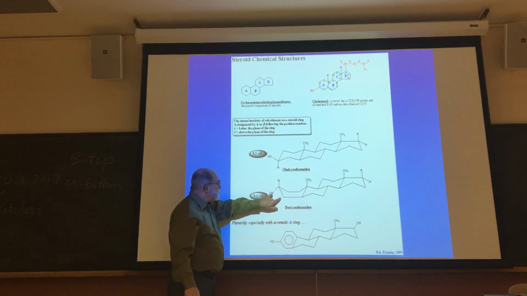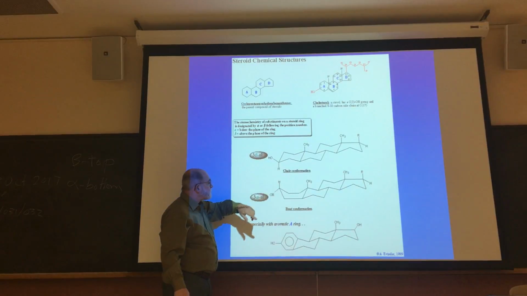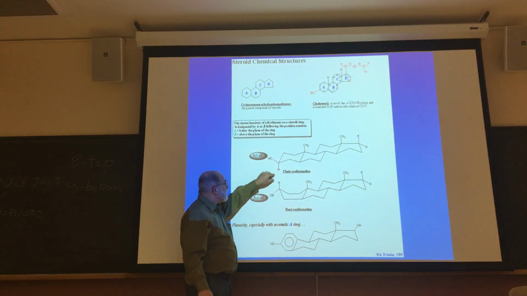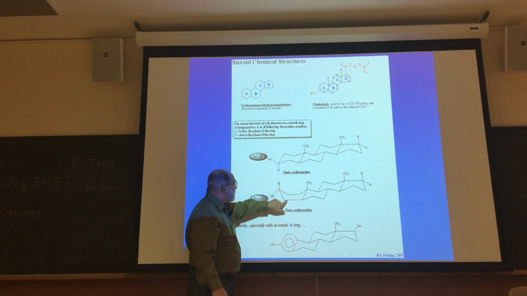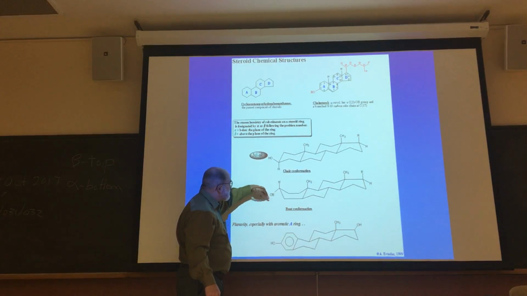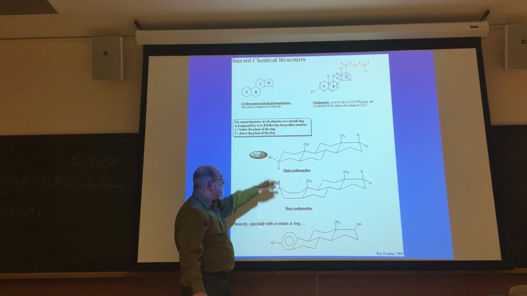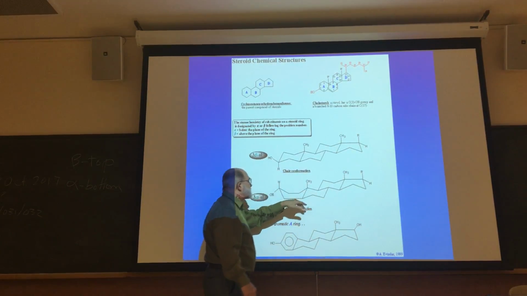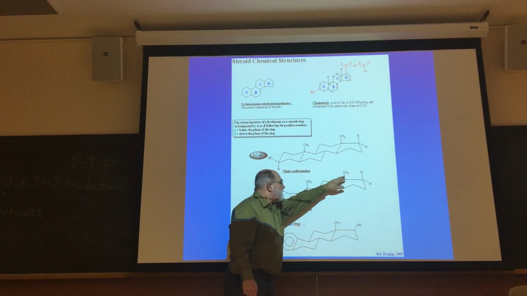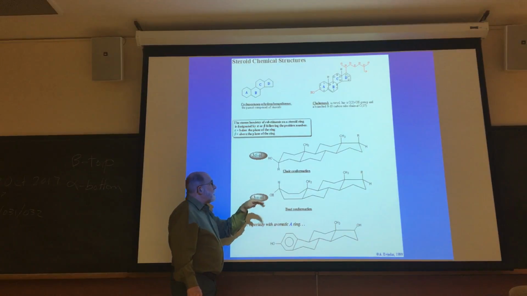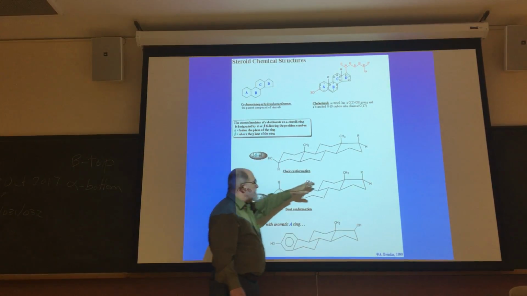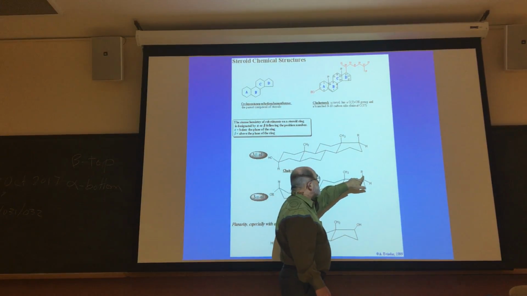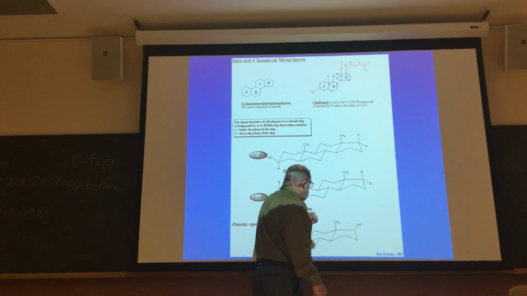These are two different molecules. Even if the chair conformation were held here, this would still be pointing down. These angular methyl groups, 18 and 19, are above the plane of the rings. And here's that side chain grouping.